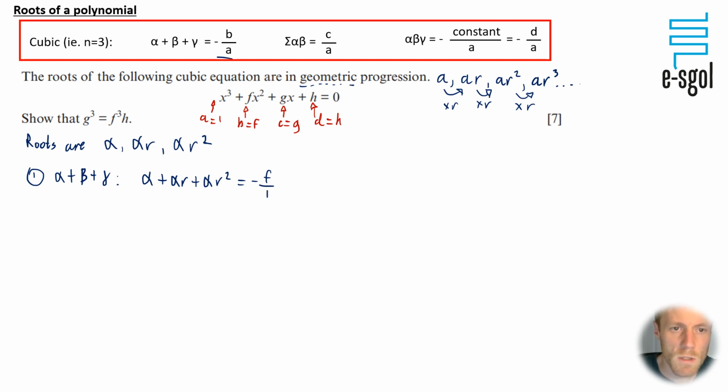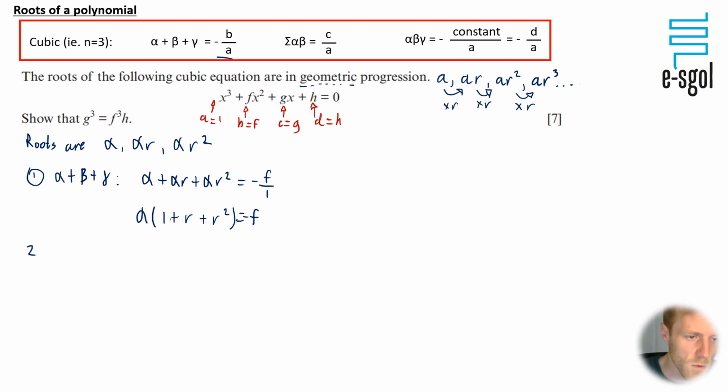So I'm using this rule up here. Let's tidy this up a little bit. Looking at this bit here, it looks like we could factorise out the alpha. So we'd get alpha and then 1 plus r plus r squared equals negative f.